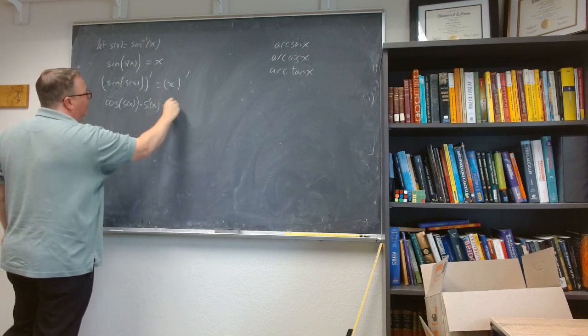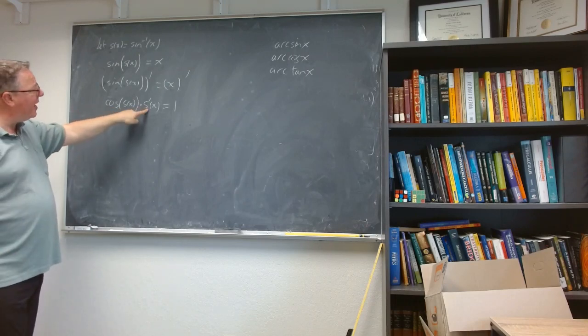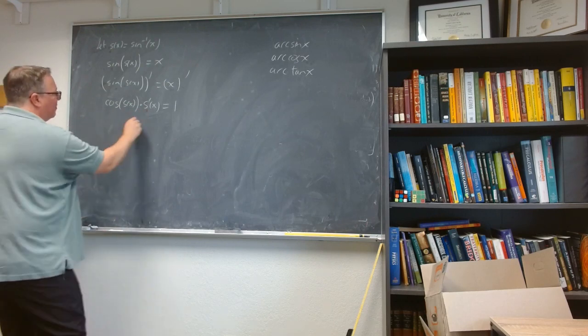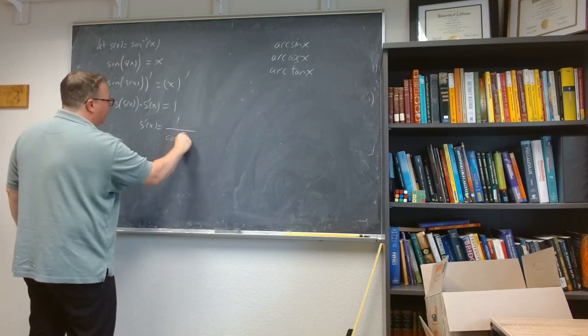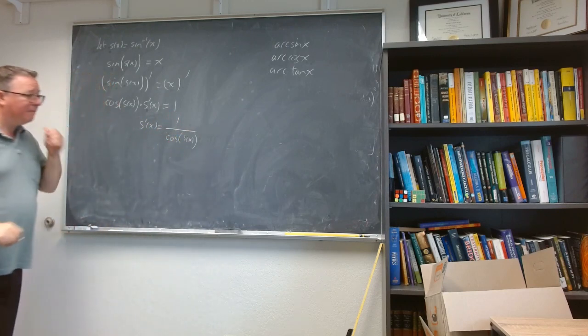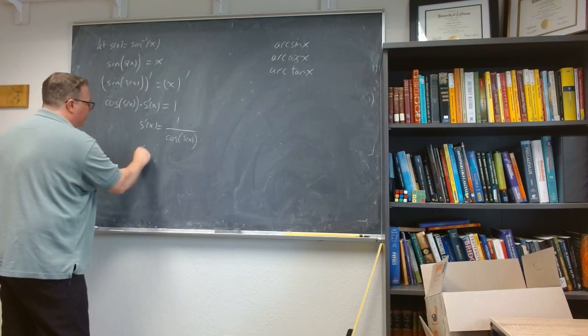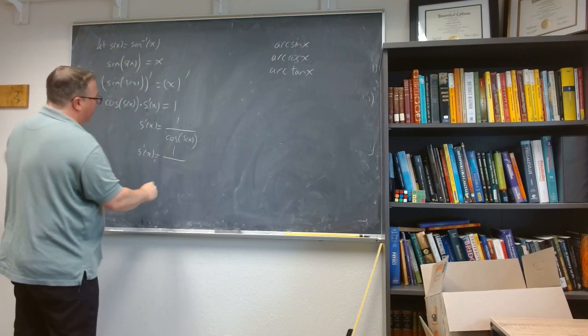On the right, the derivative of x is just 1. This trick works because now we find s prime. We just have to solve for it. So we're going to get s prime of x is 1 over the cosine of s of x. And it doesn't look like we've made much progress because we still don't really know what s of x is. But now we're going to remember that s of x is arc sine.